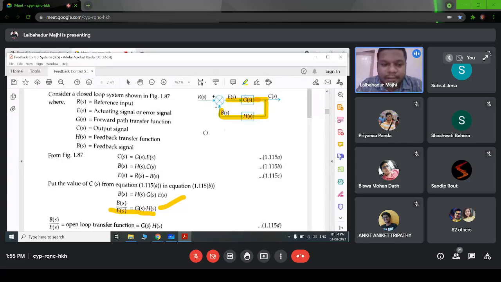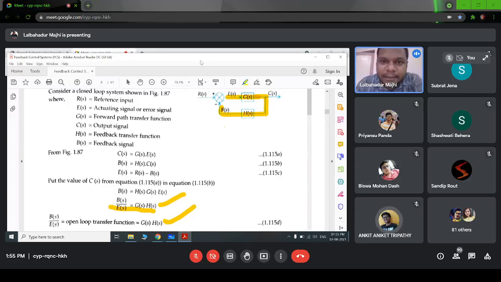If we find the transfer function, it will be output divided by input. These two terms will be in multiplication because they are in series. We will see that later, just know this. The output is B of S and the input is E of S, so the open loop transfer function will be equal to G of S into H of S. Clear, any doubt?